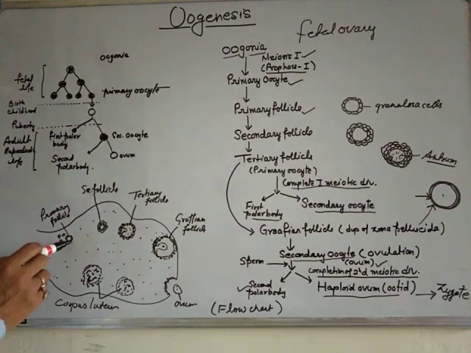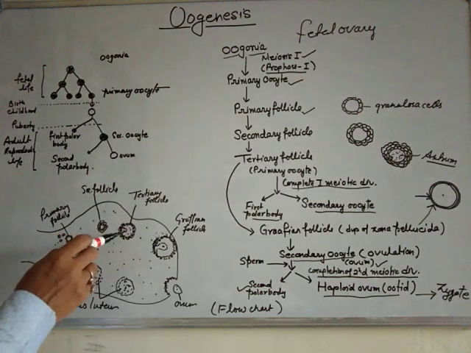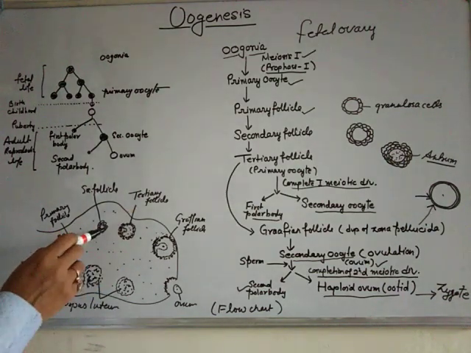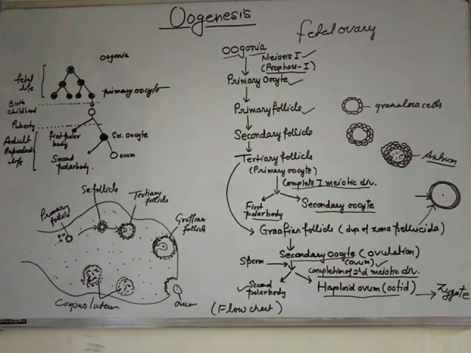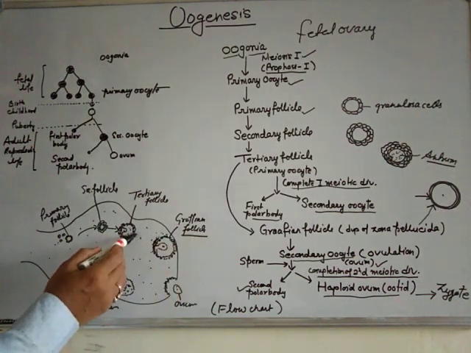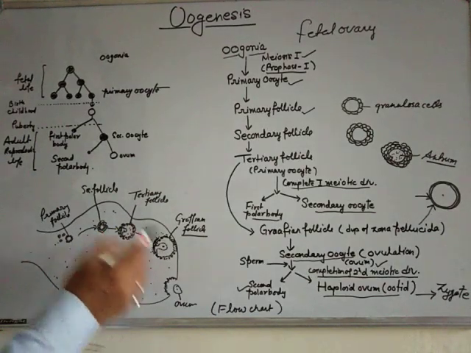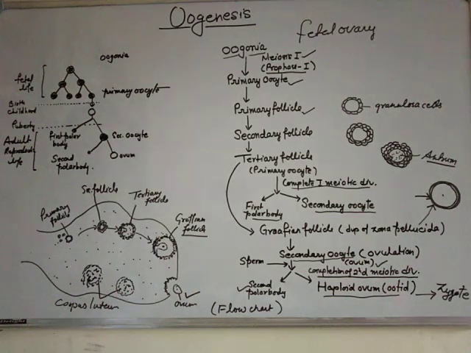This primary follicle gets transformed into the secondary follicle. You can see here also the tertiary follicle. The secondary follicle gets transformed into the tertiary follicle. You can also look here at the Graafian follicle. The tertiary follicle gets converted into the Graafian follicle, and this is the process of ovulation.